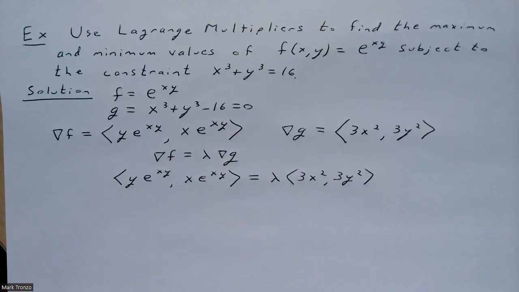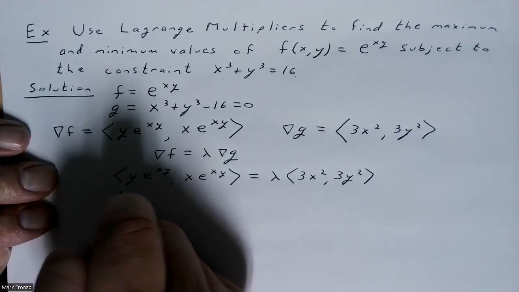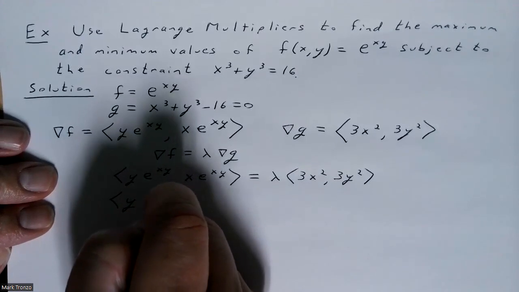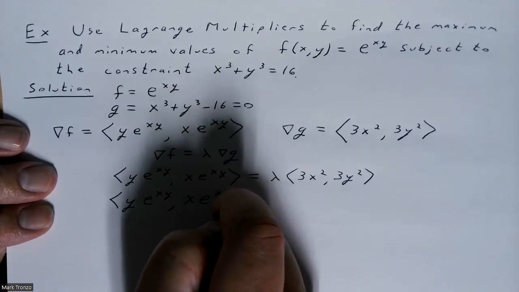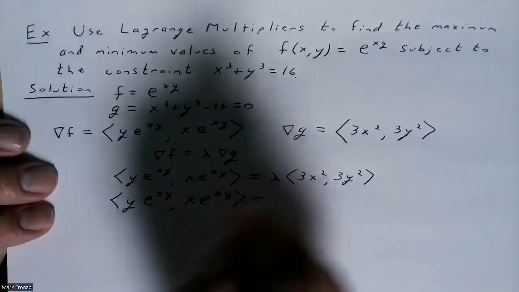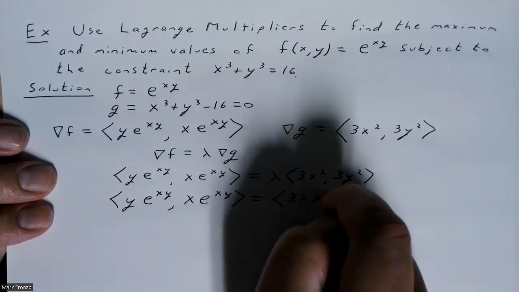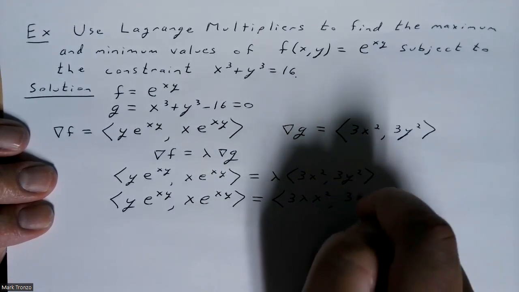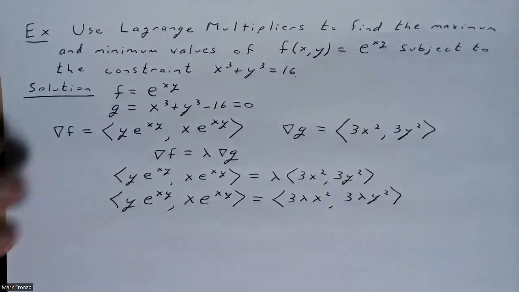So all I did was substitute our gradient of f and gradient of g. And of course, that's going to give us y e to the xy, x e to the xy equals 3 lambda x squared, 3 lambda y squared.